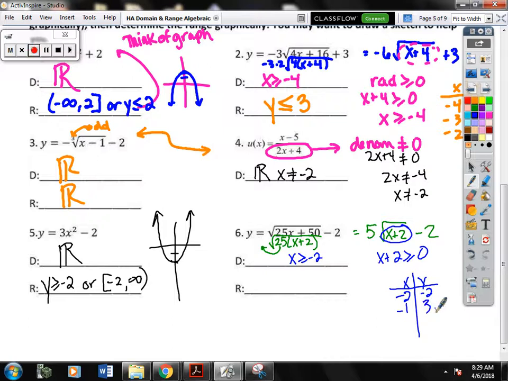So you really only have to do 2 values just to see that it's getting bigger. So it would be y is greater than or equal to negative 2 also. And that's because when I plug in negative 2, I get 0, 0 times 5 is 0, 0 minus 2 is still negative 2. Just kind of a coincidence that they're the same.